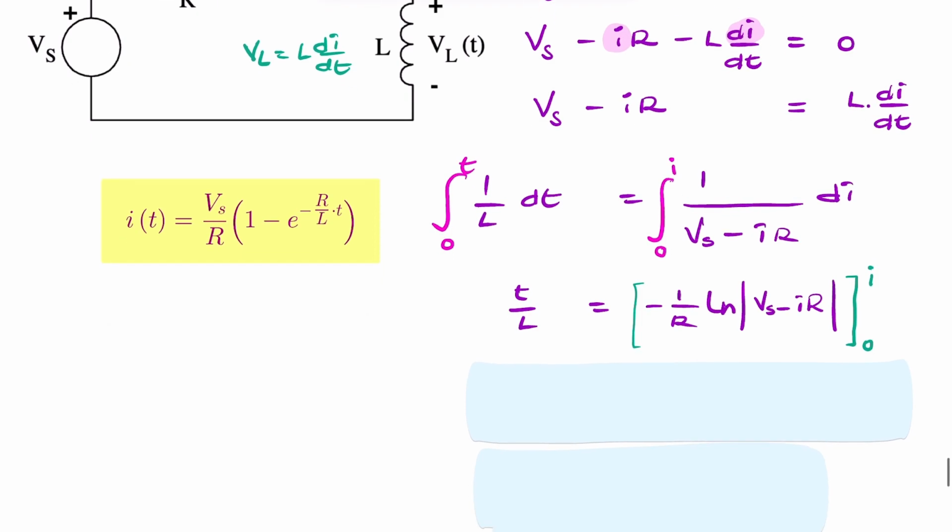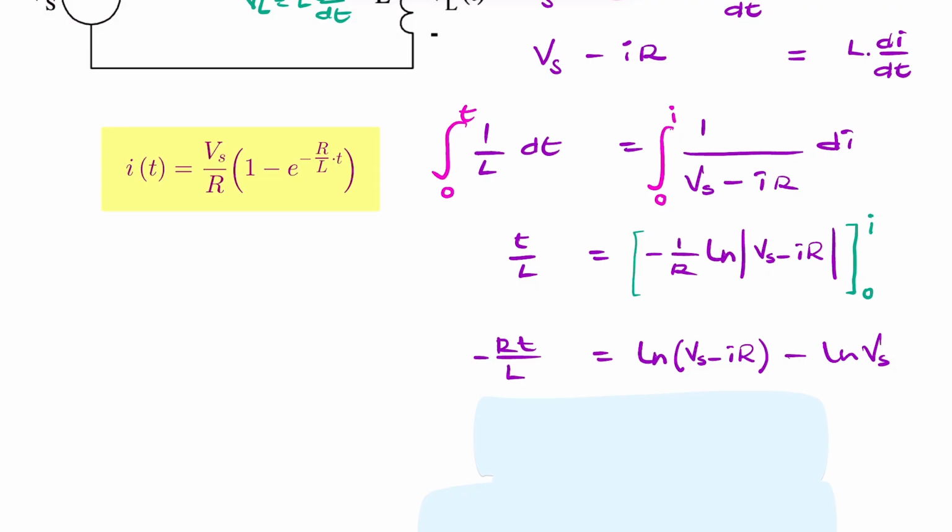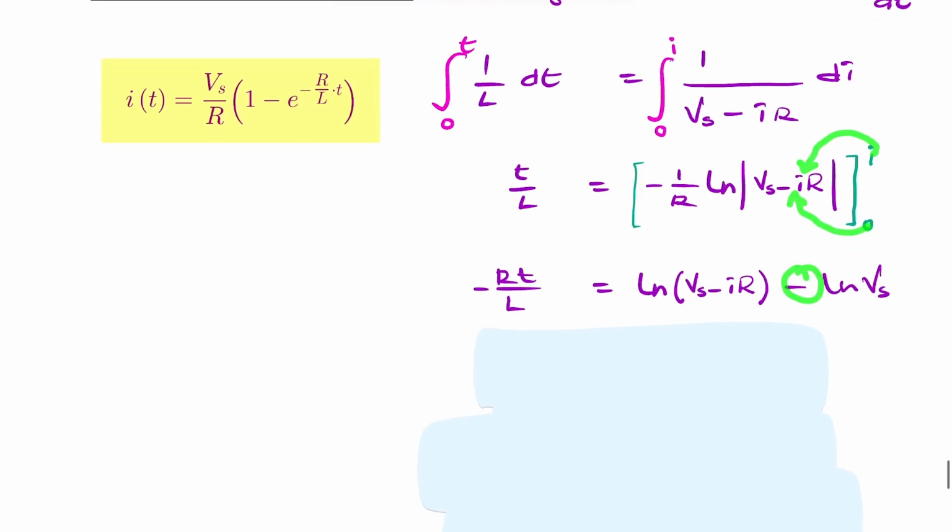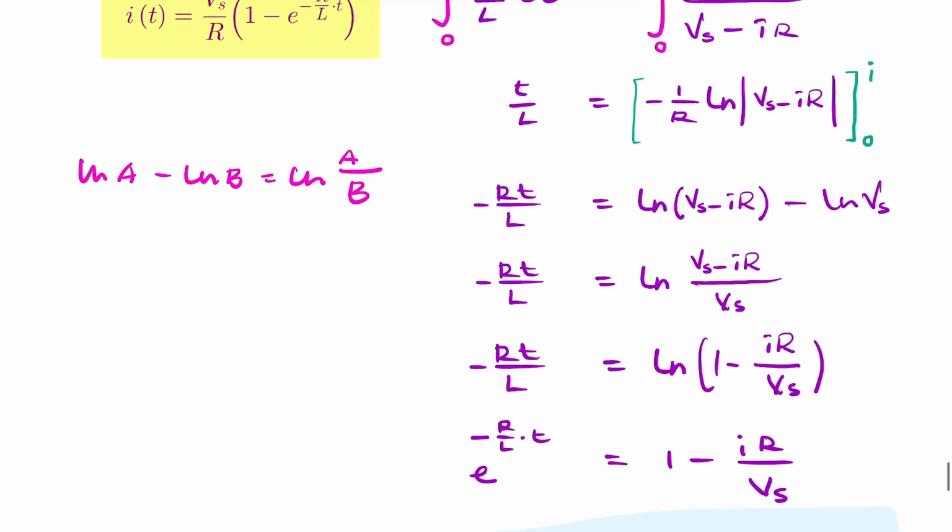And if you simplify that, so you put in I, and then you put in 0 and you subtract, we now have an expression with two logs, and remember, log A minus log B is equal to log A over B, so we can combine the two logarithms into one.